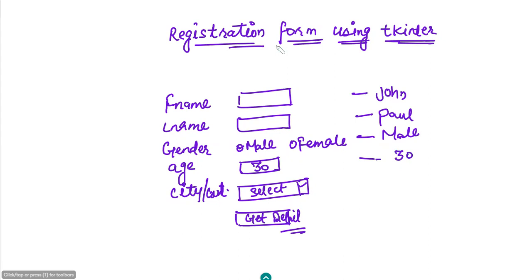And the country name from that combo box will be, suppose, America, Canada, or whatever it selects from the combo box, right? So we will create this registration form through Tkinter, right?